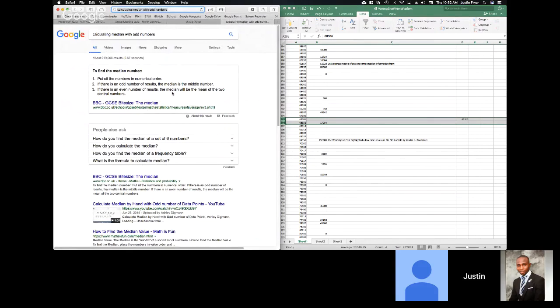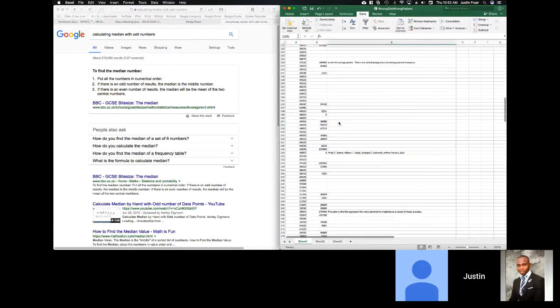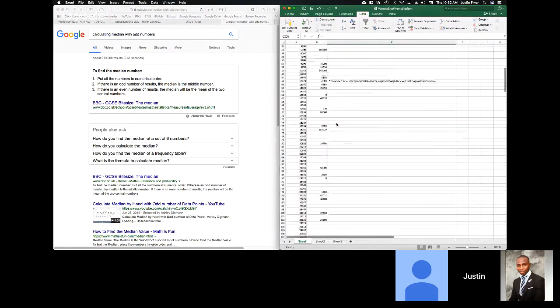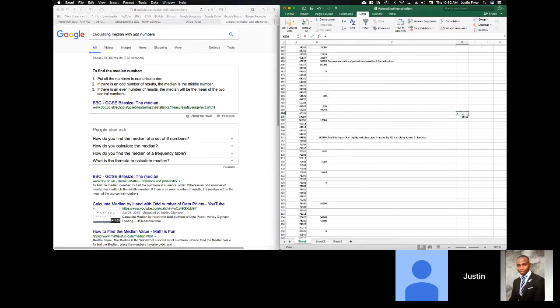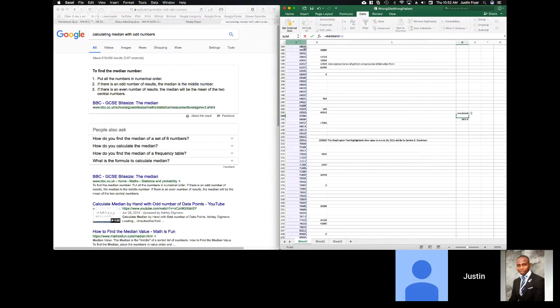Okay, one second, let me see. So if you look here, there's an even number, there's an odd. I'll get in a second. I'll just use the Excel function here. Okay, so when you pull equals in Excel and collect all the data and ask for median, it is giving 68552.